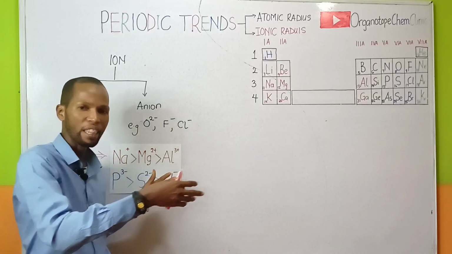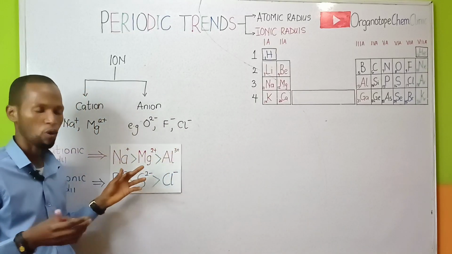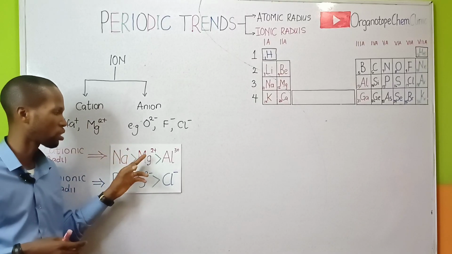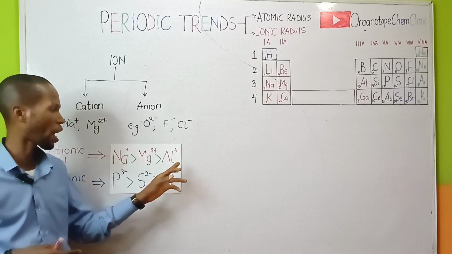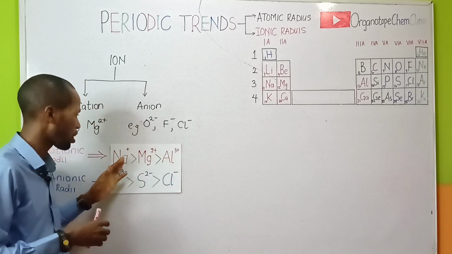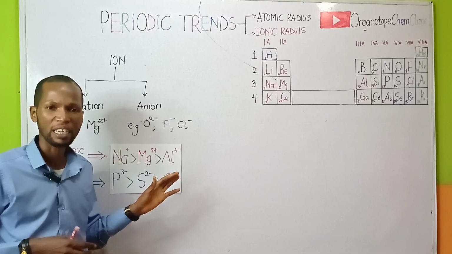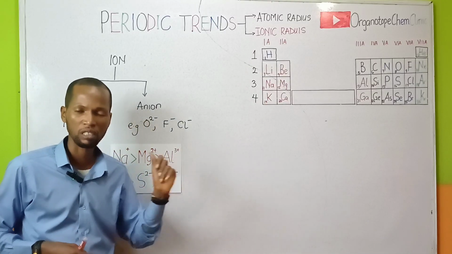So we have more electrons being lost as we move across the period. In sodium, we have loss of what? 1 electron. In magnesium, we have loss of 2 electrons, while in aluminium, we have loss of 3 electrons. So as the effective nuclear charge increases, the ionic radius decreases across the period.